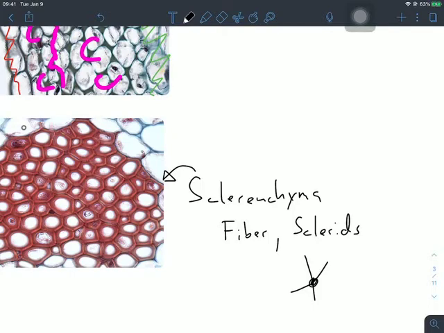And sclerids are supportive structures in things like fruits, like pears. If you've ever eaten a pear, you'll notice that it has kind of a grainy feel to it, different from that of a crisp apple, right? Well, the grainy feel is derived from the fact that the tissue is supported by these sclerids, these jack-like structures that give it a different texture.